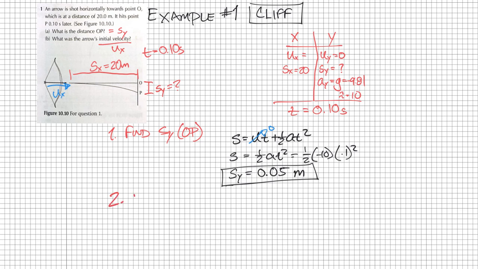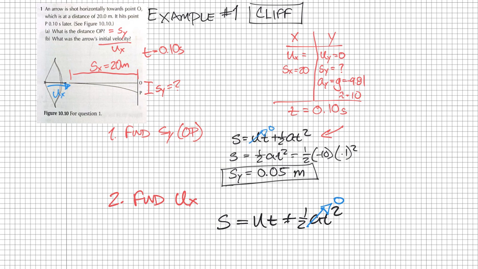So second thing is I'm going to find UX. To do that, the one equation really that I can use, I can use this equation again, and that's really where it comes from. The understanding is that S equals UT plus 1/2 AT squared. In this situation, because we're talking about the X, there is no acceleration.